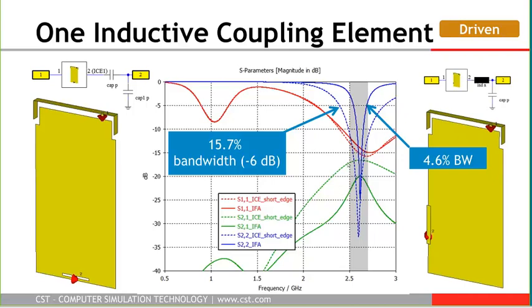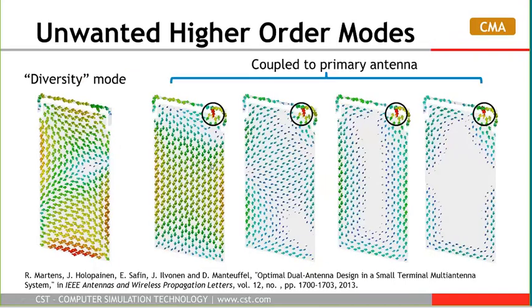But let's see if we can improve this coupling. And we can do that by looking at the higher order modes, at the distribution of higher order currents. Here are plotted the most important currents, and you can see by looking at the intensity of the current inside the black circle that 4 of them will be coupled to the primary antenna, and then on the left we have the diversity mode I shown you before.